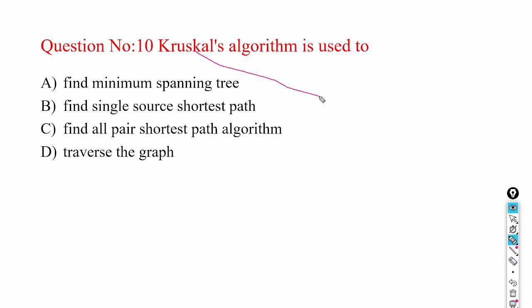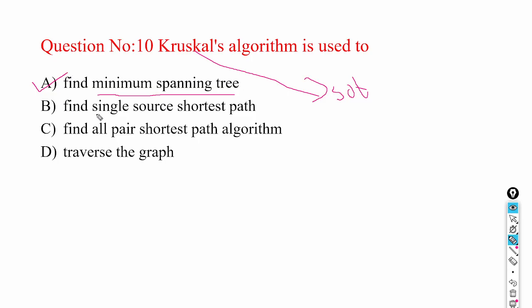What does it do? It will sort the edges, pick the minimum edge, and avoid the cycles. We traverse from that minimum edge and avoid cycles. It is used for the minimum spanning tree. So hence option A is the correct one.